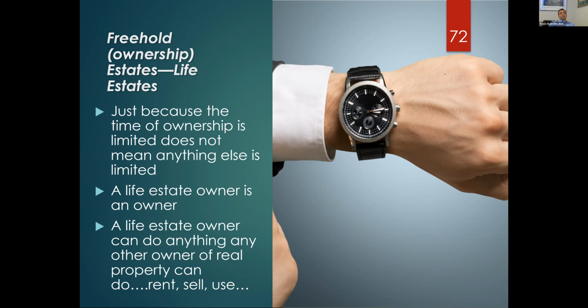Here's what I don't want you to forget. This is still a freehold interest. What did we say freehold meant? Ownership. I have the freedom to hold it, keep it, or the freedom to do what? To dispose of it. To sell it. If a life estate is a freehold ownership, can I sell it? Yes, I can sell the property.